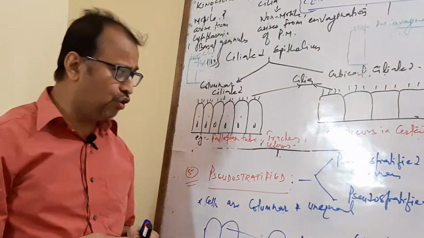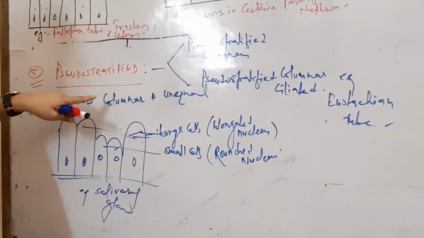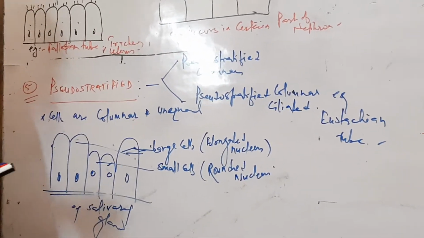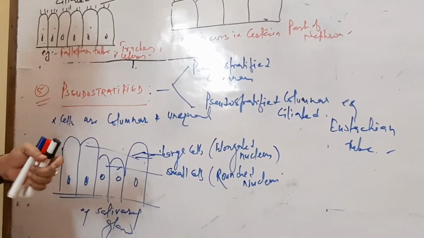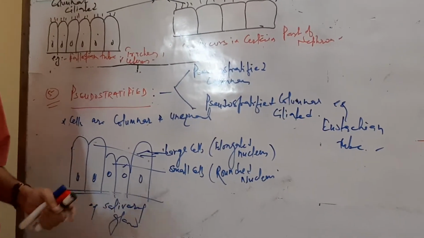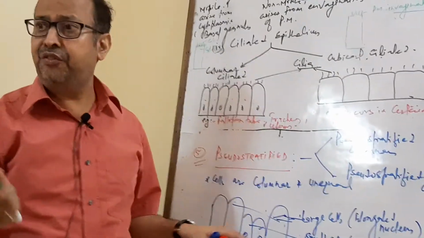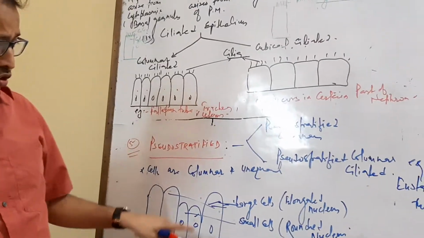Next one is pseudostratified. Pseudostratified epithelium has unequal columnar cells. A few are large cells and a few are small cells. The few large columnar cells possess an elongated nucleus and the few small cells possess a round nucleus. This is the difference.